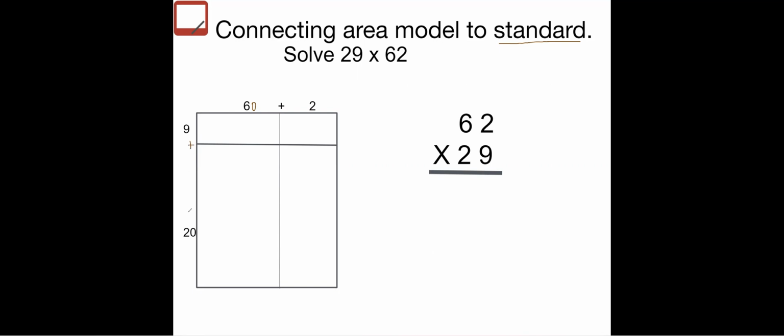Now, we put the 9 at the top and not the 20 first, because if we do, it would be flipped compared to the standard algorithm. We put the 20 at the bottom because we're multiplying the tens place second. So we want to put the ones place first and then the tens place.